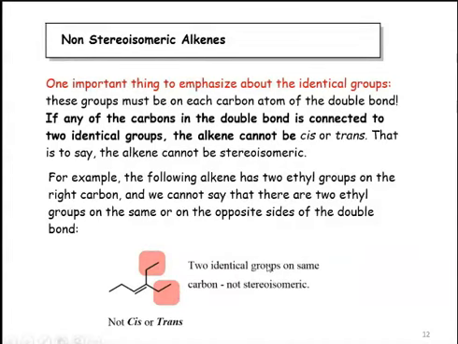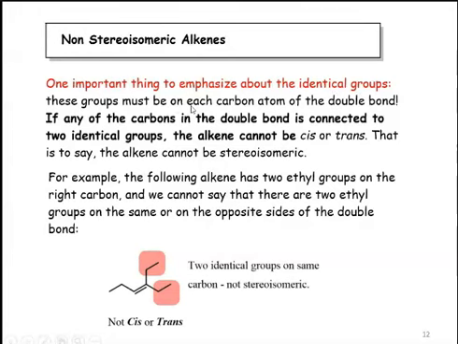Now, when two identical groups are present on the same carbon, they are called non-stereoisomeric. So the most important thing to emphasize about non-stereoisomeric alkenes is about the identical groups.